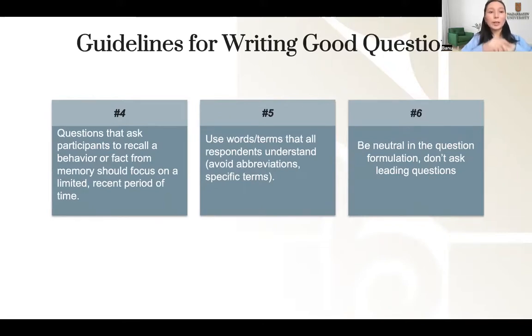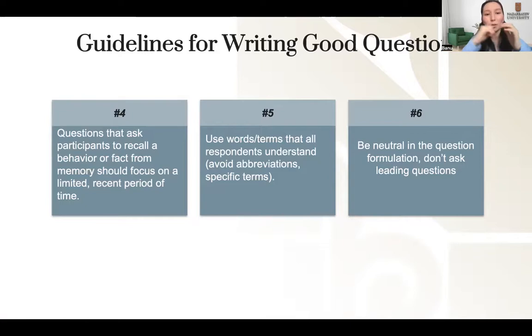Also, questions that ask participants to recall a behavior or a fact from memory should focus on a limited, recent period of time. This is just as we talked about before. Please specify a time period and also consider how much time has passed since the event, and how it can affect the quality of the responses. The next is use words and terms that all respondents understand.